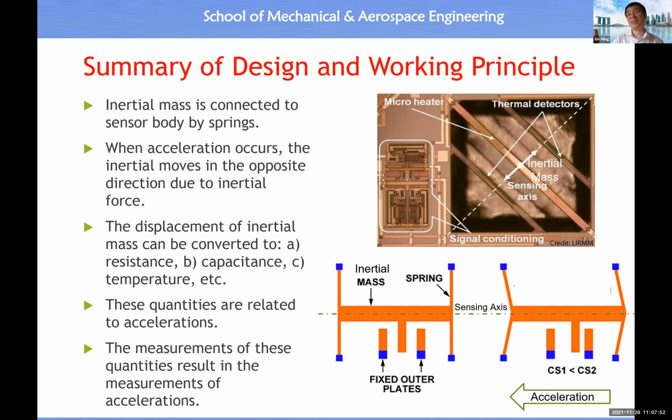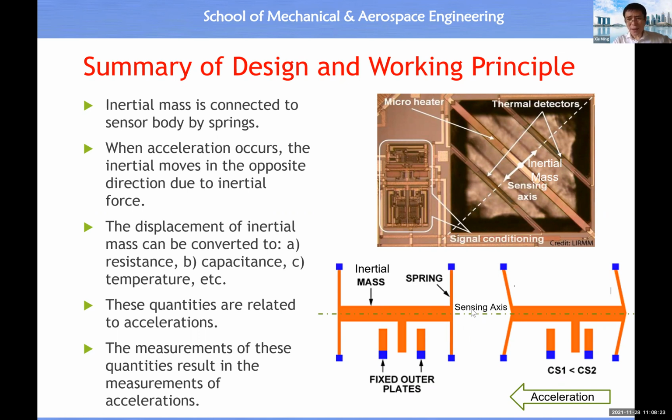The electronic circuit part means the interface with the robot brain, because for a microcontroller, normally there's support for you to do the signal acquisition, signal processing, etc. Okay, so we focus on the sensing part. The sensing part consists of an inertial mass, a spring, and the sensor's body. The spring is to bring the inertial mass back to its nominal position.